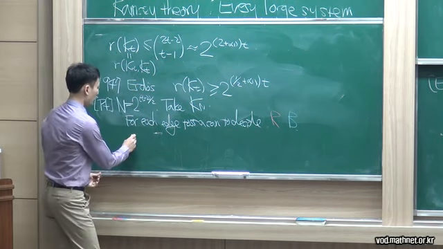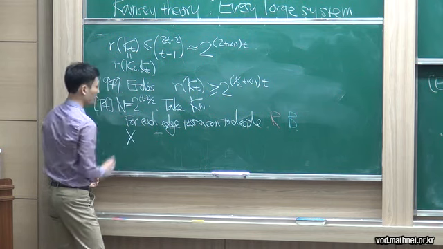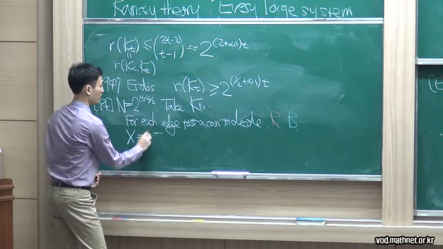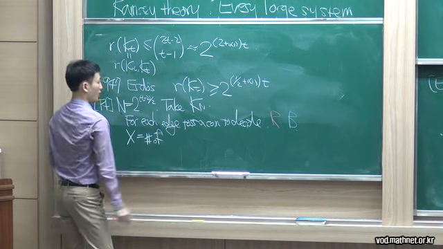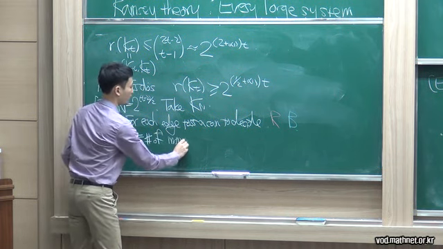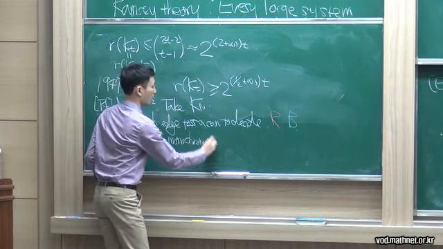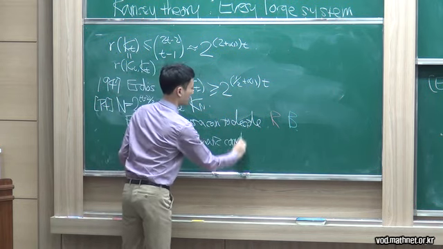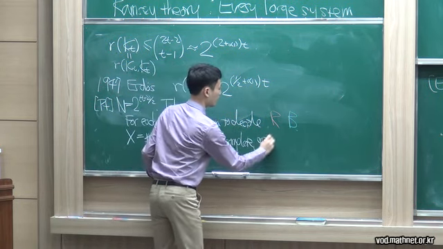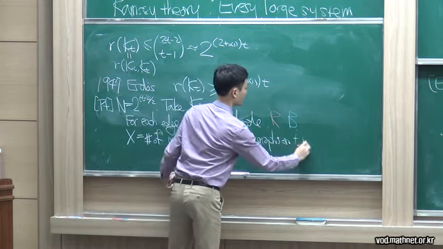So I will define the random variable X as the number of monochromatic complete graphs on t vertices.